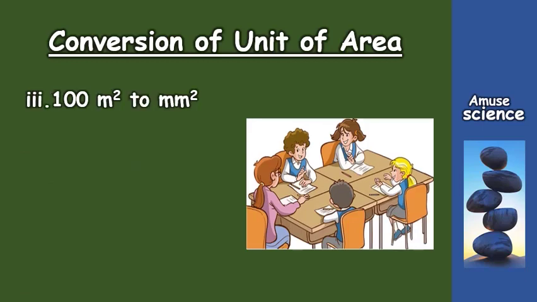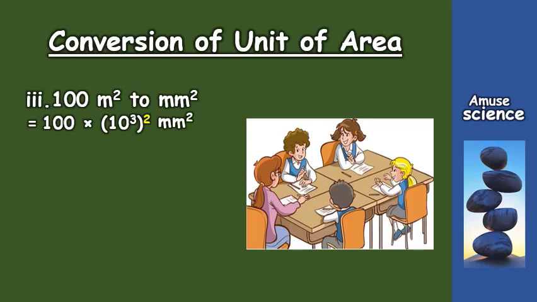The third one, we are supposed to convert 100 meter squared to millimeter squared. Once again, we are substituting the value of milli and squaring it into our final answer. So we are going to get 100 times 10 exponent 3, all exponent 2, and this converts our answer to millimeter squared.